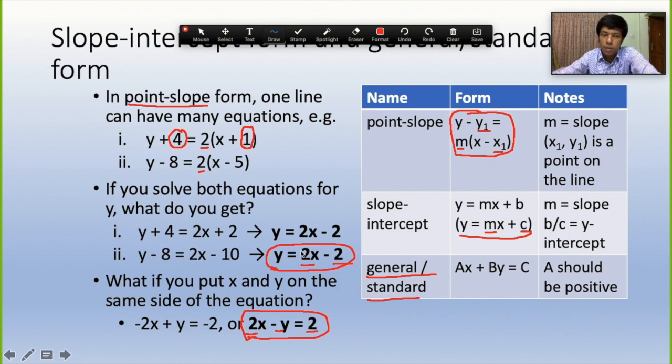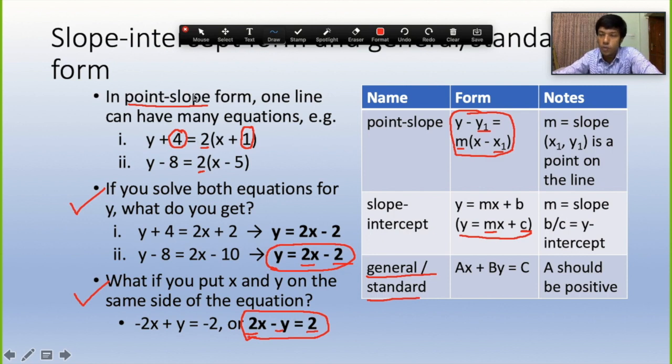Generally no one will ask you to write it in point slope form. Mostly this one and this one are used in the solution. They will ask you to give the solution in slope-intercept form or in standard form, or they will tell you simply to find the solution. At that time you can write the answer in slope-intercept form or in standard form.